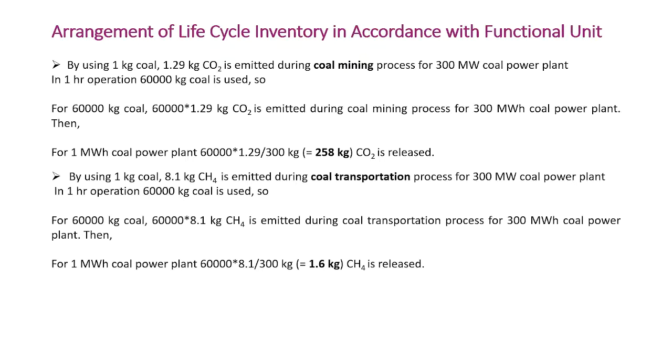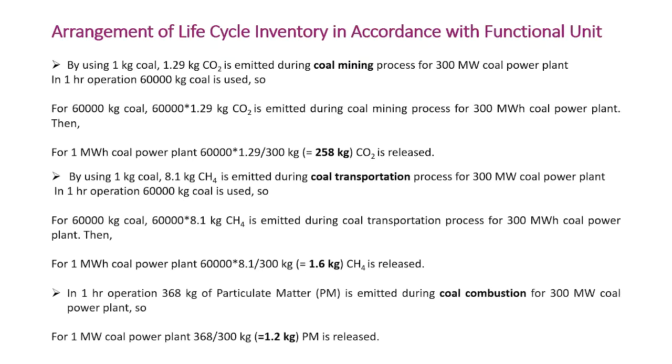In coal combustion, all airborne constituents are given as kilogram per hour. That is, operation time has already been considered for this process. So the only requirement is to change the given inputs for 300 MW plant capacity to 1 MW plant capacity. In order to do that, we should divide all values by 300.